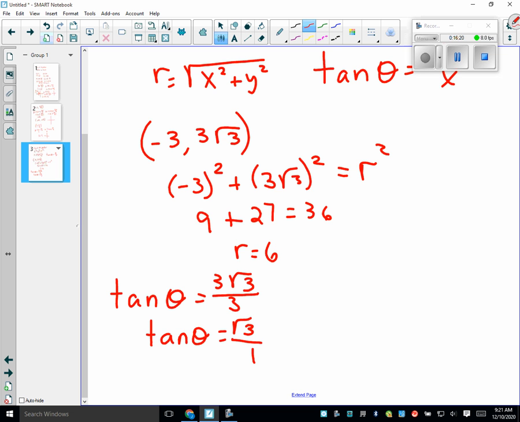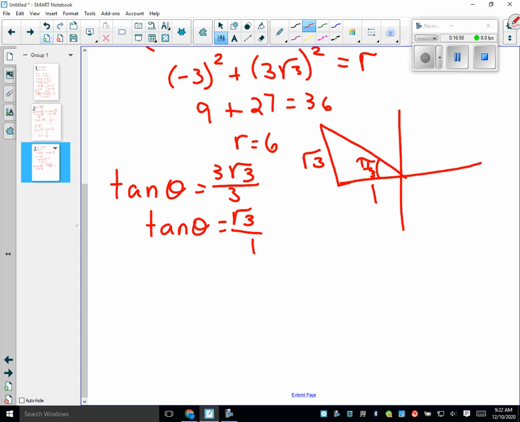I said we're going to make it positive because we're doing reference. What quadrant would this point have been in? 2. So I need this to be in quadrant 2, because I have to be in the same quadrant. So tangent, if this is radical 3 and this is 1, this is pi over 3.